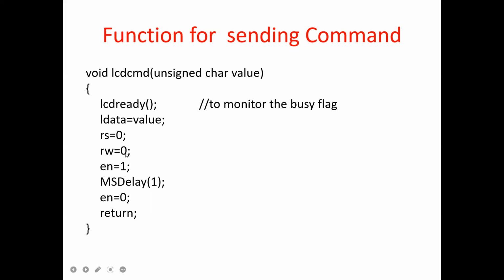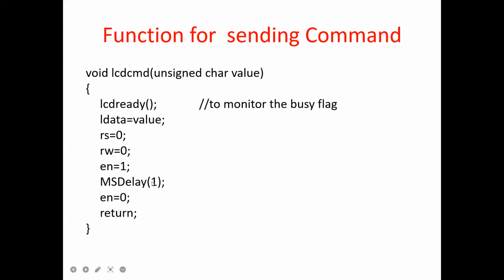And RW equal to 0. RW means write operation, so we are writing. The microcontroller is giving data to the LCD. EN equal to 1 means you are loading the data on the data pins, but only when you enable it will the data be latched into the internal register.